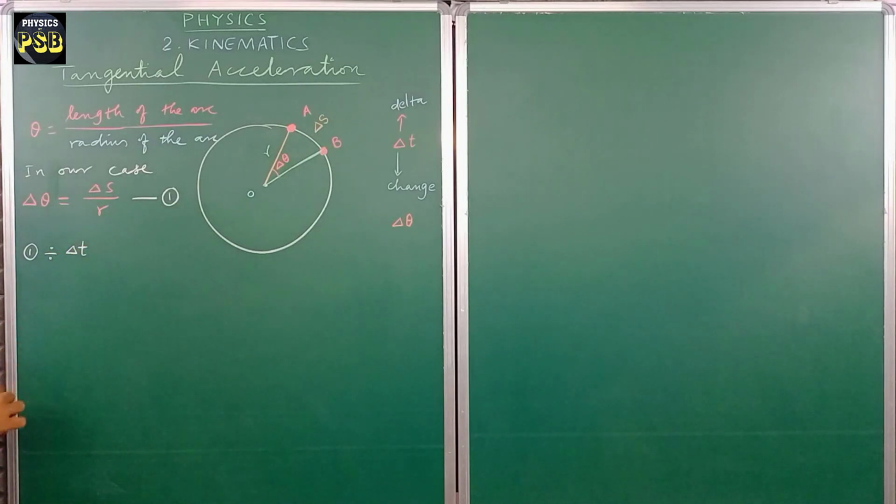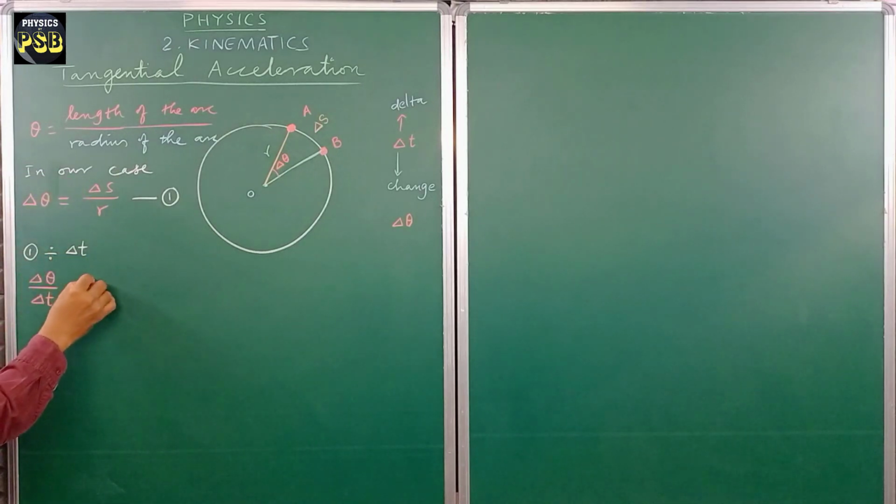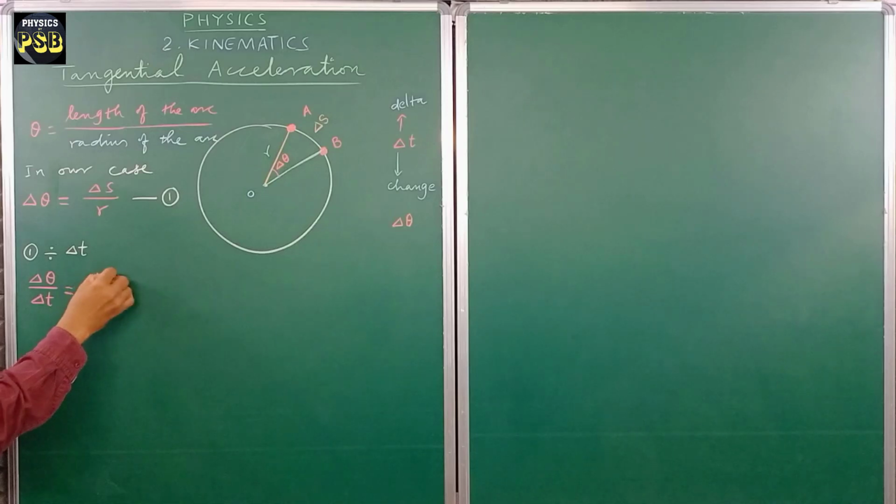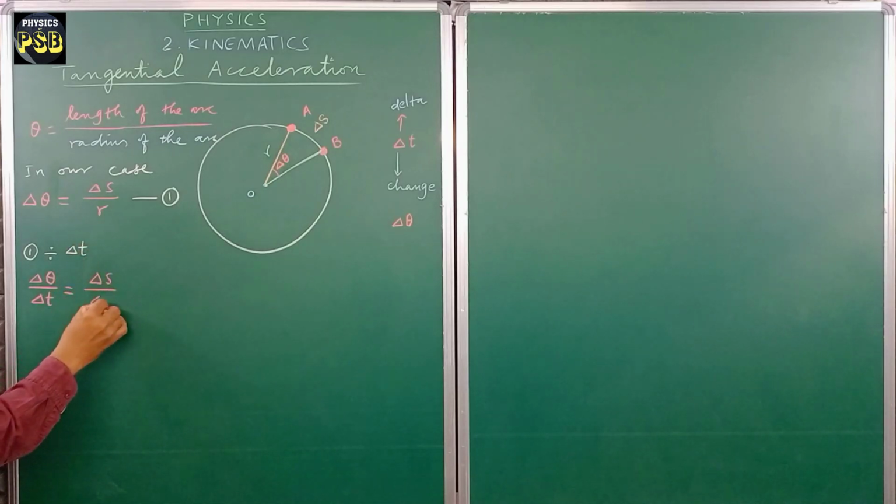If I do so, what I'll get? I'll get delta theta divided by delta t. When I make any change on this side, the same thing I have to do on the other side as well. So delta s divided by delta t.